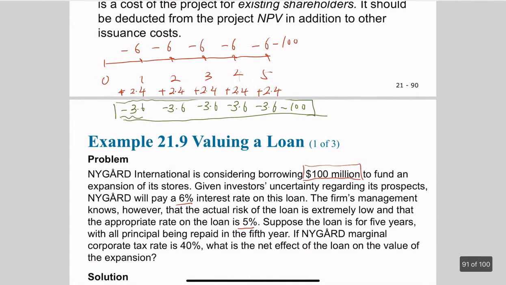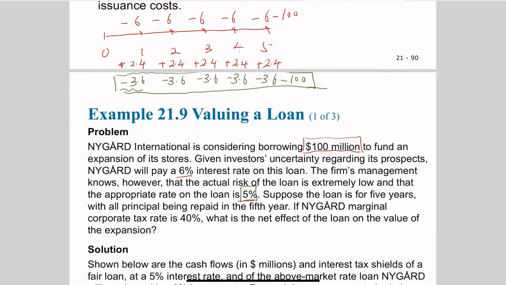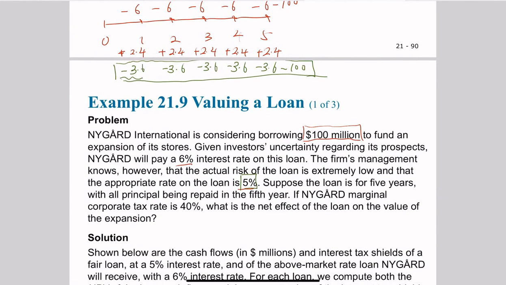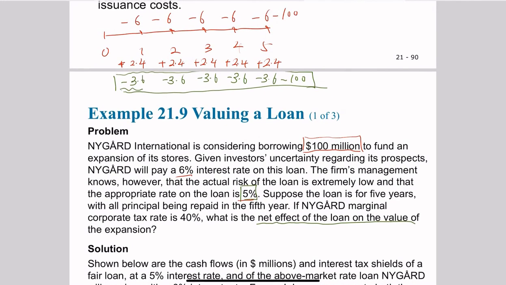And now to discount these cash flows, you will want to use the 5% discount rate. So basically you can see that what you will do is the net effect of the loan will be given by this.